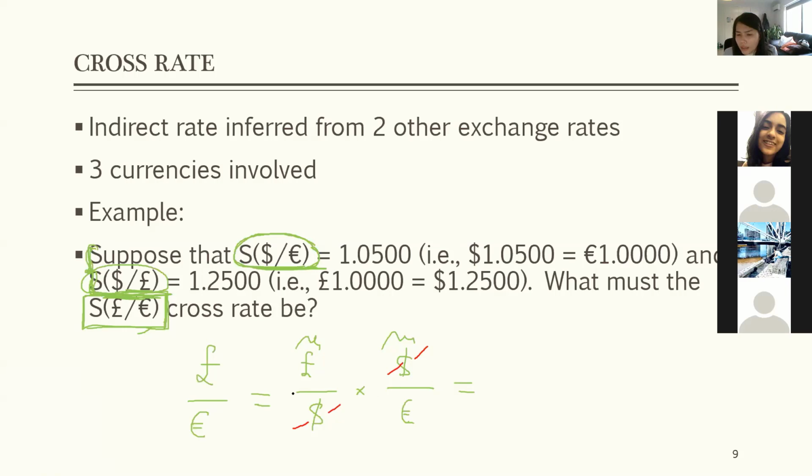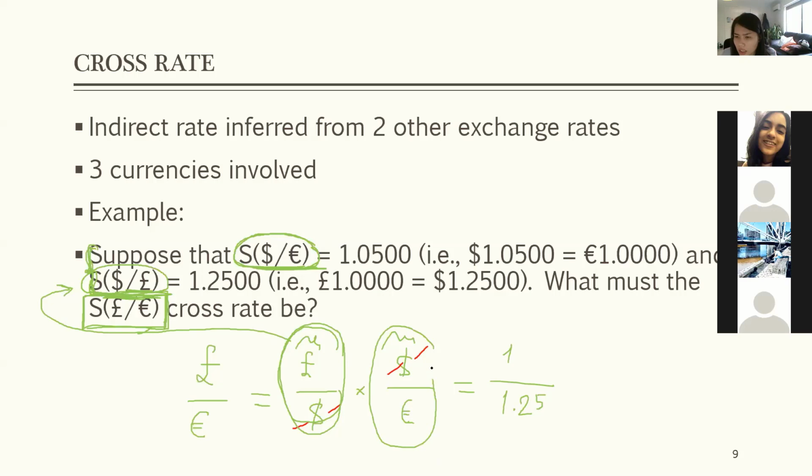In the question, I'm going to look for the pound over USD exchange rate. The question gives me the dollar over pound exchange rate, which is 1.25. What I want is the reciprocal of that rate. So this exchange rate here is the reciprocal of what I have in the question, and I'm going to write 1 divided by 1.25.